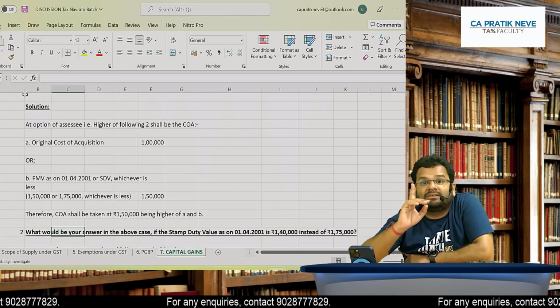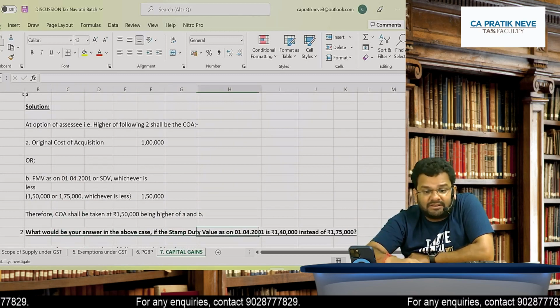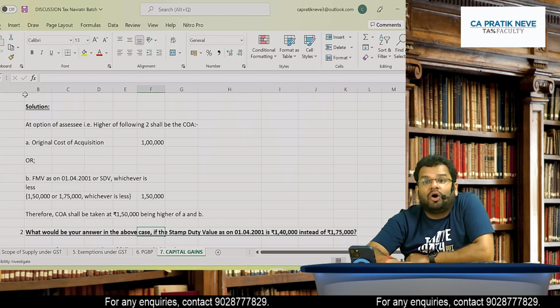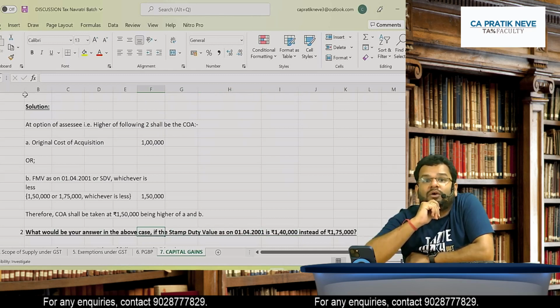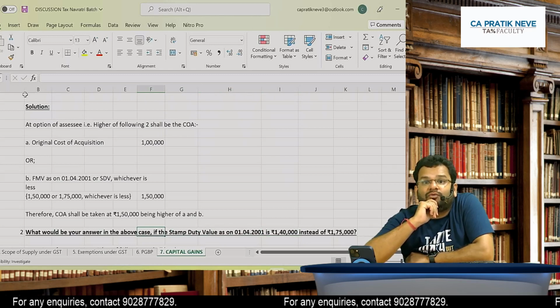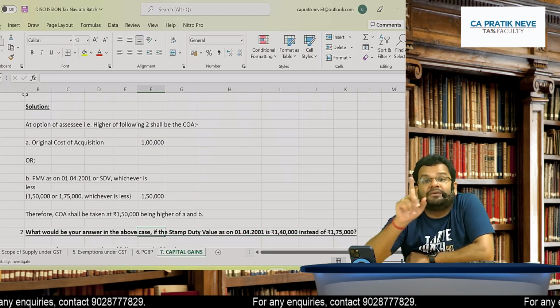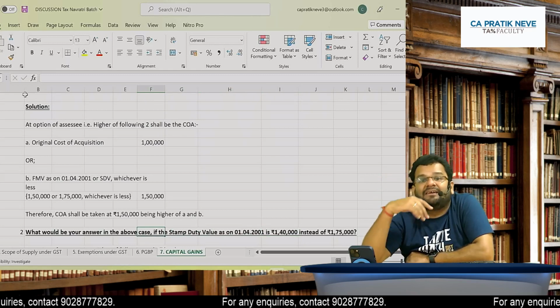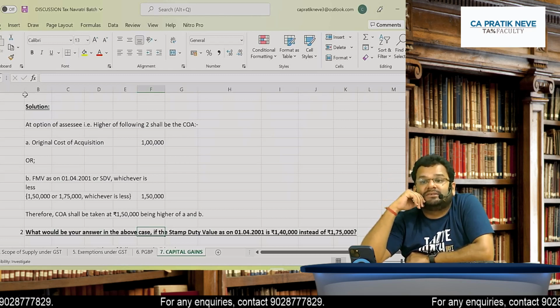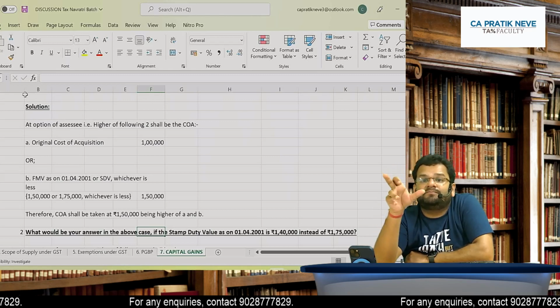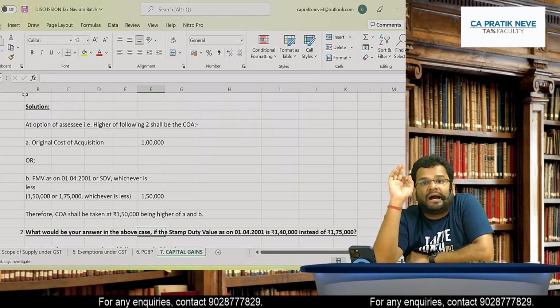What would be the answer in the above case if the stamp duty value on 1st April 2001 was 1,40,000 instead of 1,75,000? 1,40,000 is the answer, because you will fix your fair market value at 1,40,000.